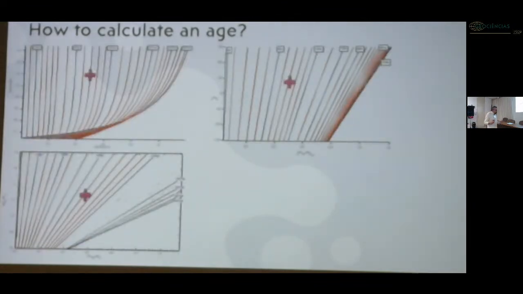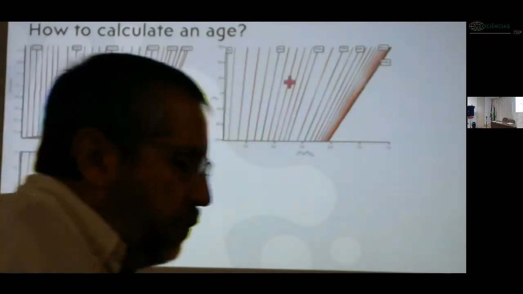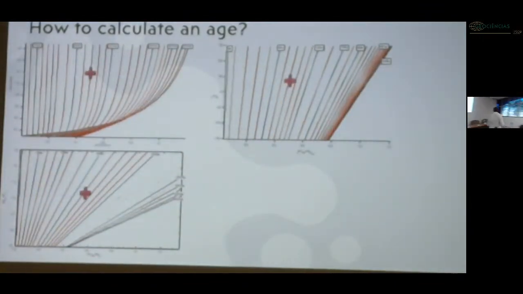These are the graphical solutions of each equation, and I'm sorry, it used to look better on my computer. This is thorium-230 over uranium-234 against uranium-234 over uranium-238. This is thorium-230 over uranium-238 against delta uranium-234, and this is thorium-230 over uranium-234 against thorium-230 over uranium-238 against uranium-234 over uranium-238.